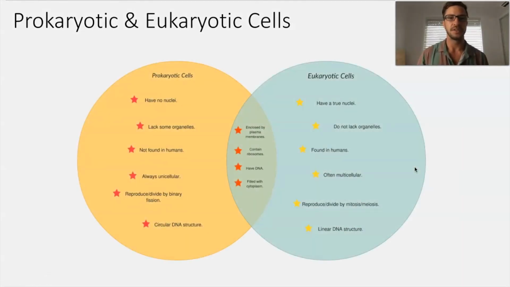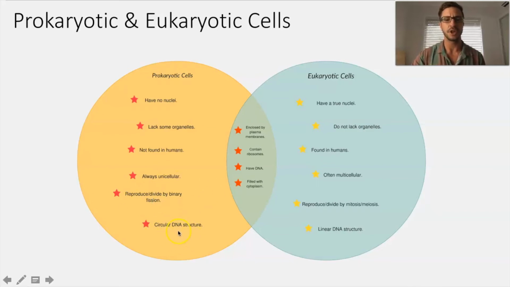So, just to recap what we spoke about, the differences and similarities. Prokaryotic cells do not have a nucleus. They lack some organelles, they're not found in humans, and they're always unicellular, like organisms that are just made up of one cell, such as a bacterium. They reproduce by binary fission, so that just means by replicating and dividing.